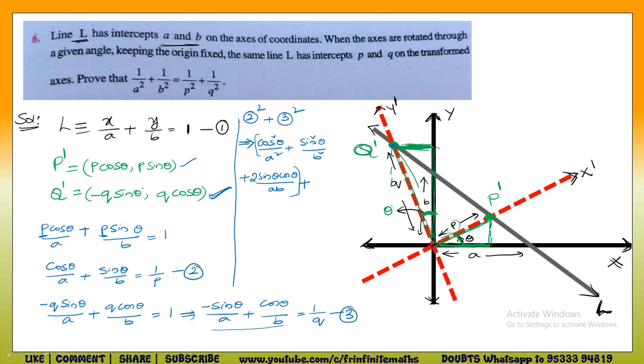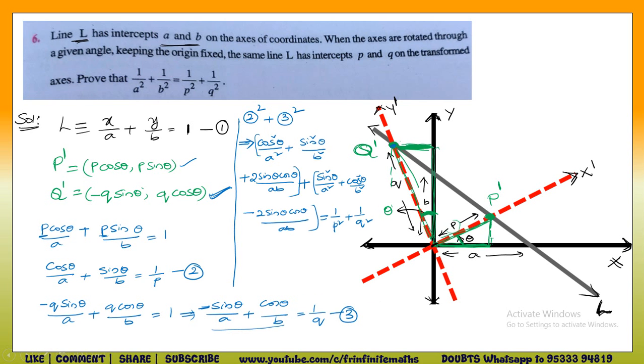The same way when I expand this, what I am going to get is sin square theta by a square plus cos square theta by b square minus 2 sin theta cos theta by ab, because we have minus here, we get minus 2ab, which is equal to 1 by p square plus 1 by q square.